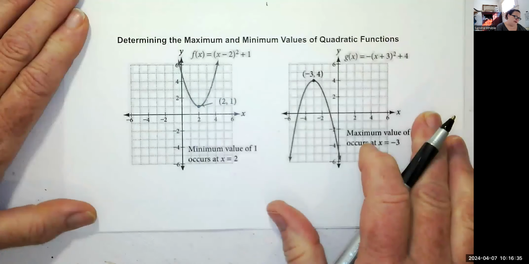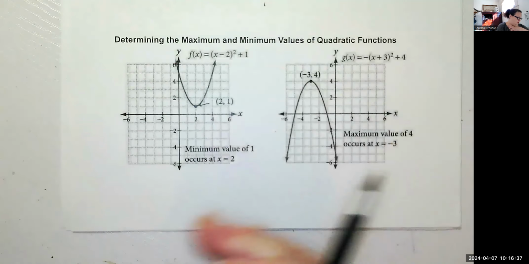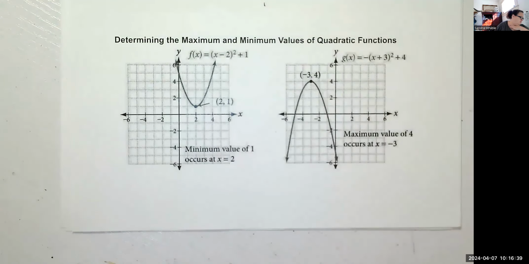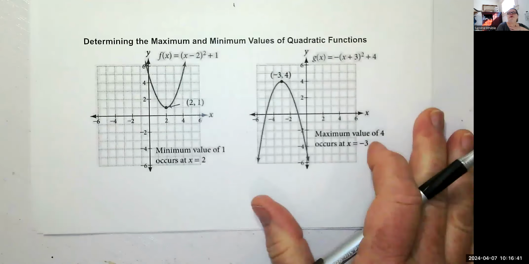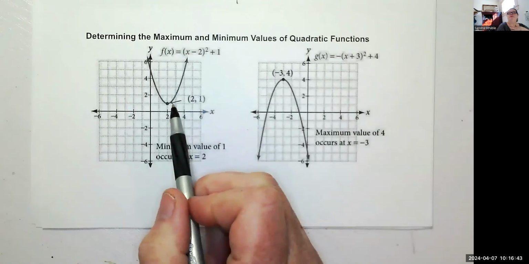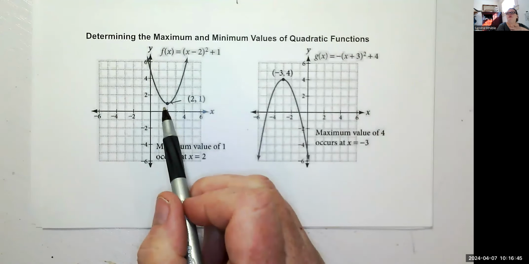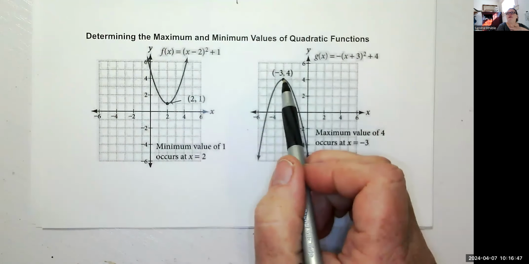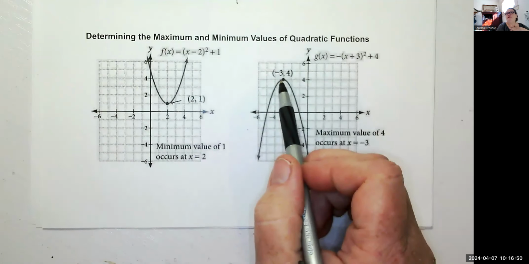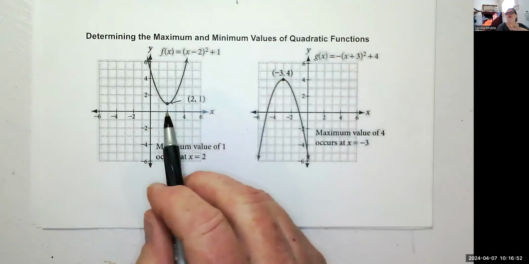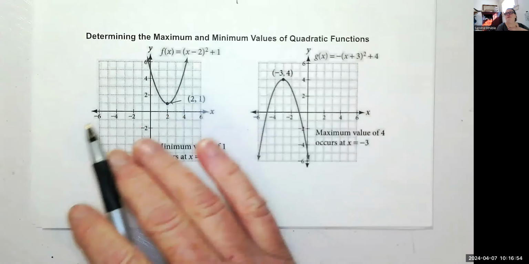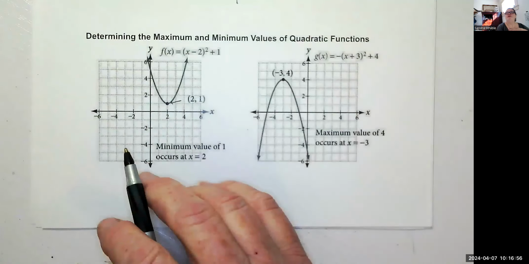Determining the max and min values of quadratic functions. It's pretty easy to see. The min is the lowest point. The max is going to be the highest point that's happening. You're not going to ever use the infinity portion of it. It's all going to have to do with your vertex.